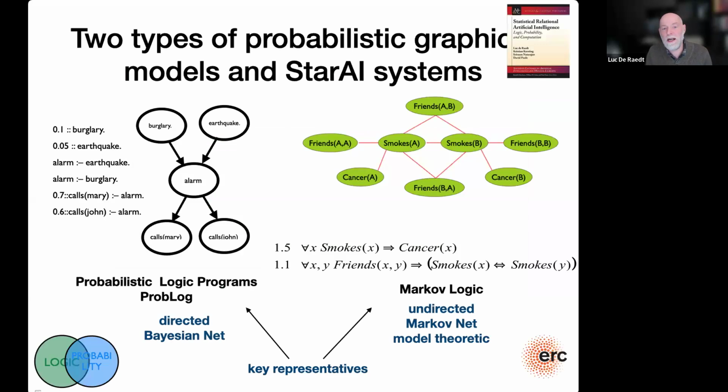As I said, I'm very much inspired by statistical relational AI, which extends logics with ideas from graphical models, with two versions of this. One version is very similar to the directed graphical models, the Bayesian networks. These are the probabilistic logic programs that you can easily write down, and that we've been working on for a very long time in this Prolog system.